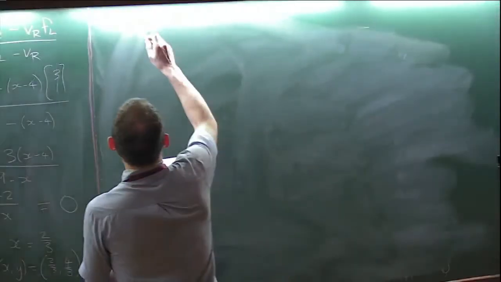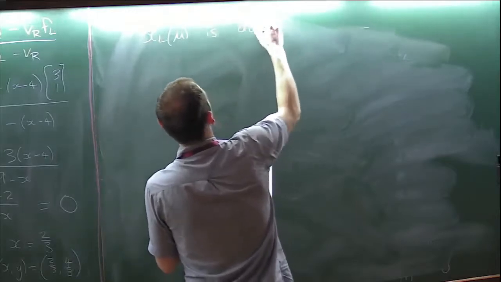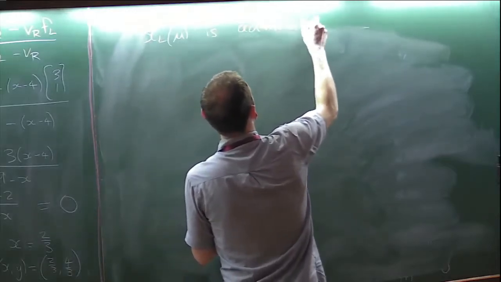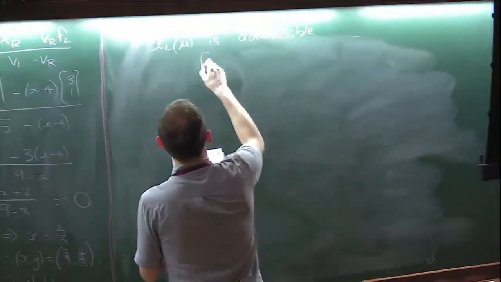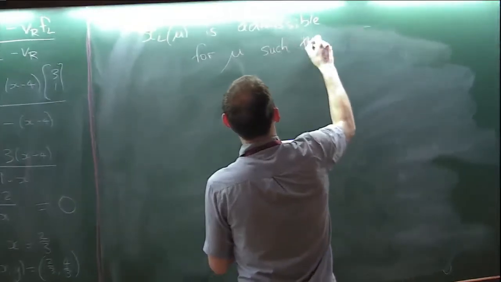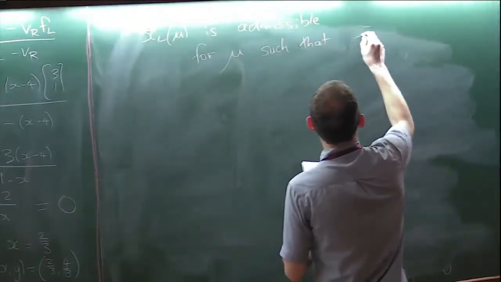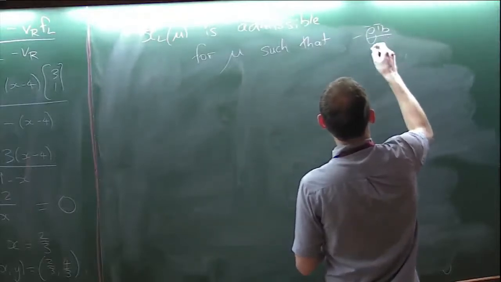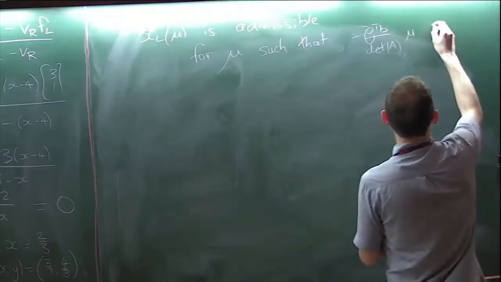So it's admissible from mu such that minus rho transpose D A mu, I think.